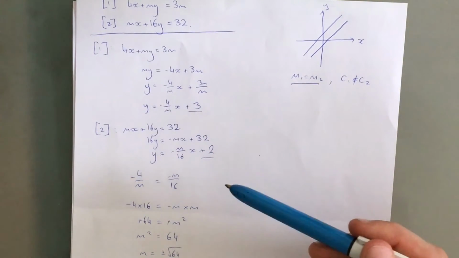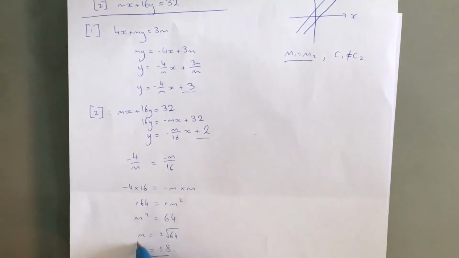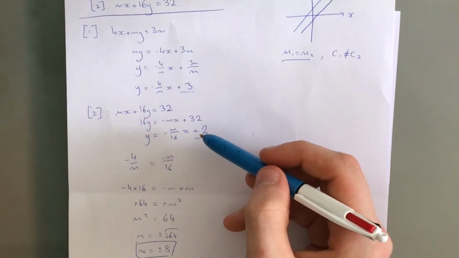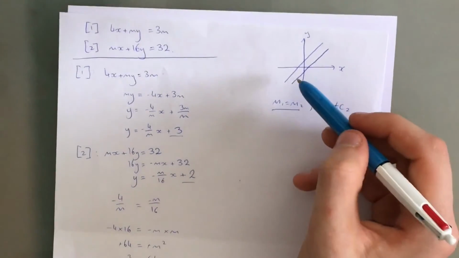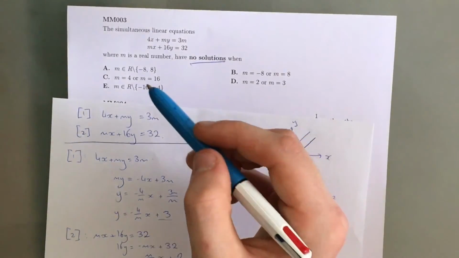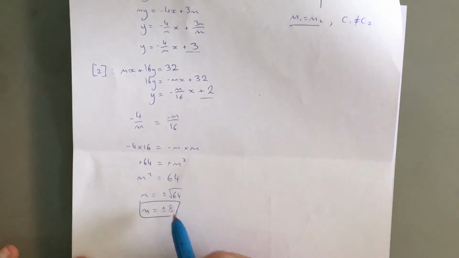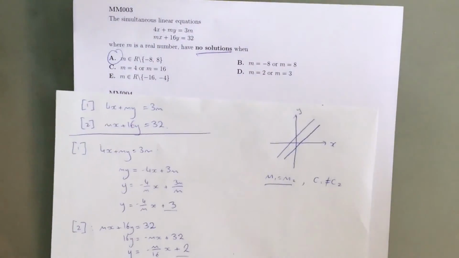So that means that for these two values of m, there are no solutions because the graphs are parallel. There are no points of intersection. So our answer is A, which is m is negative 8 and positive 8. So that's how you work that one out.